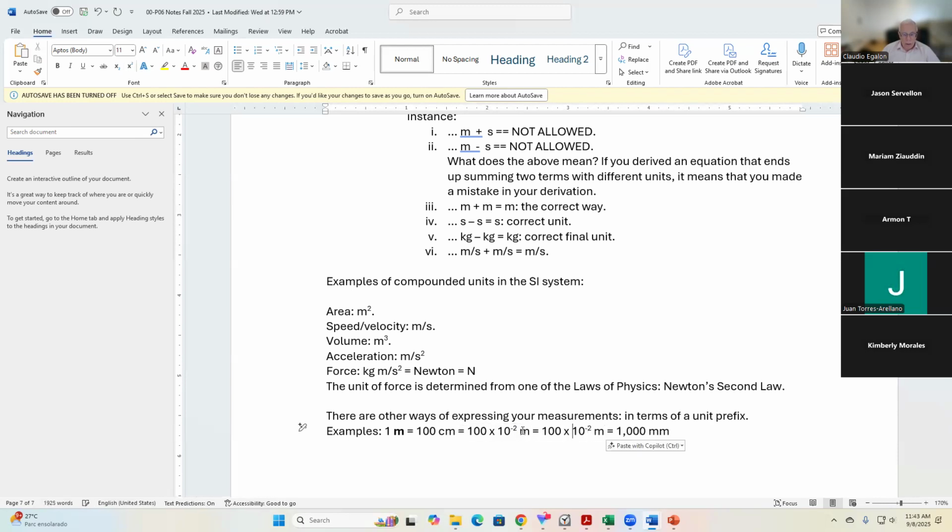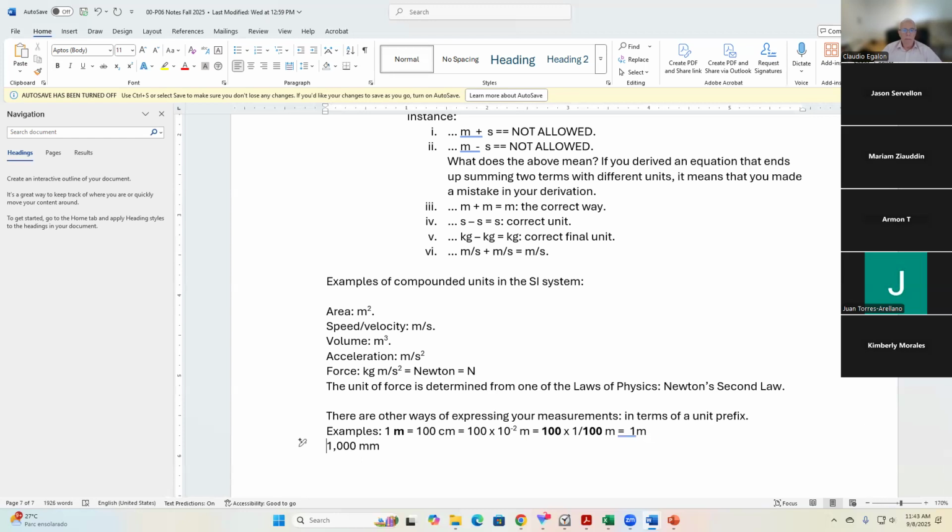So here you go, multiplied by 1 divided by 100. When we do this math, we get back to our original result. The 100 cancels out the 100, and we return to the same result, that is 1 meter.